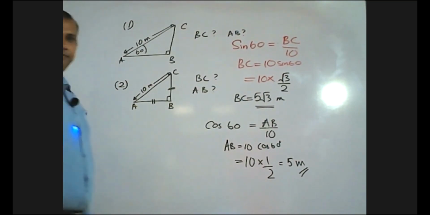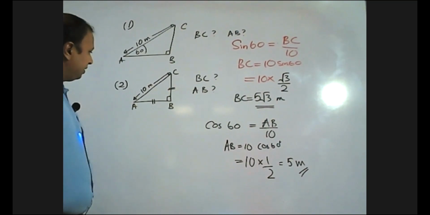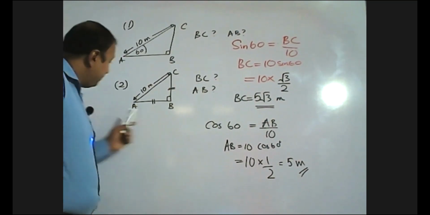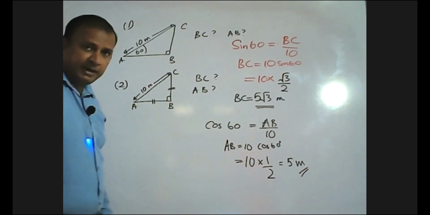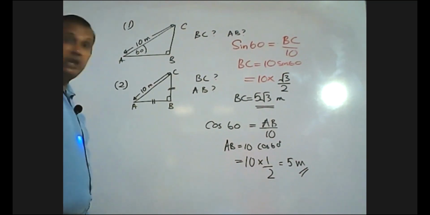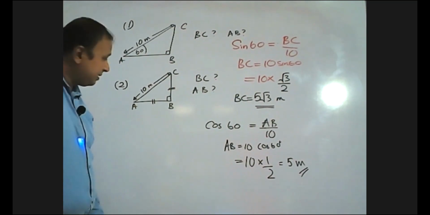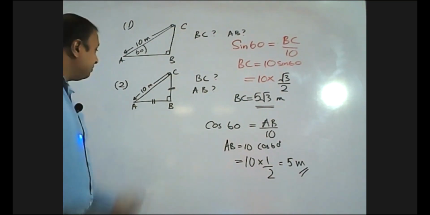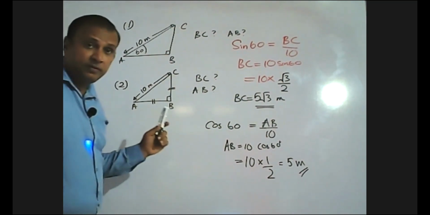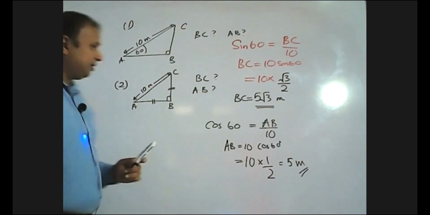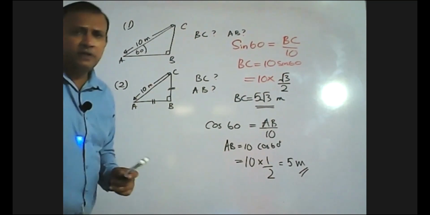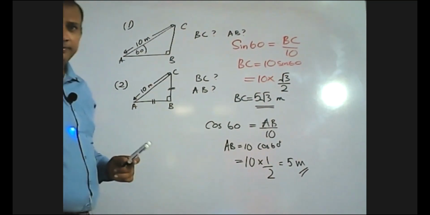Okay. The second one. In the second one, we are given a triangle with 2 equal sides. This is a right angle triangle, and we are given the length of the hypotenuse, but we are not given any angle. If we are not given any angle, how to find that one?